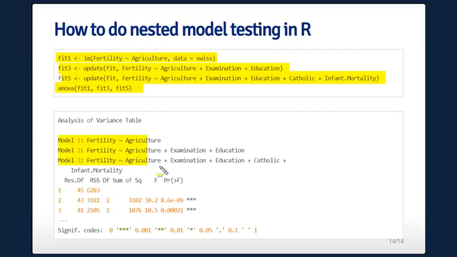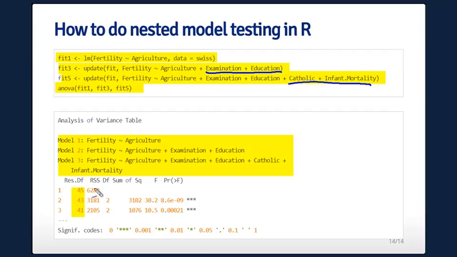So here, the output gives you the models that you're fitting. It gives you the degrees of freedom, which drop down. We start out with 45 residual degrees of freedom. That's n minus p, and then we lose 2 more because we've added 2 more coefficients, and then we lose 2 more because we've added 2 more coefficients.